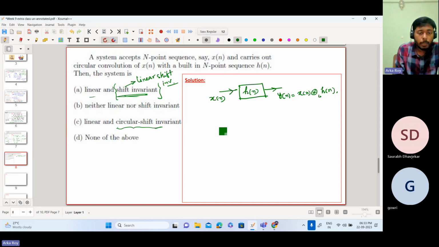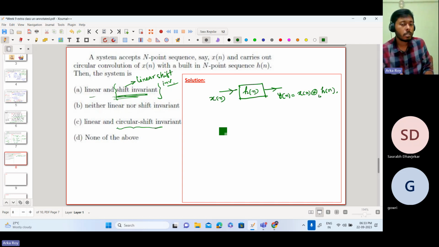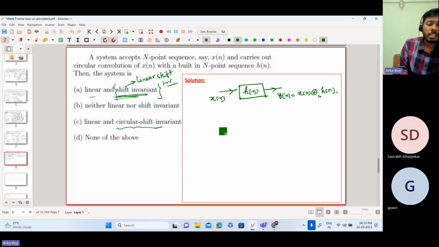So if simple shift invariance is written, you need to consider that this is not circular shift invariance; this is just linear shift invariance they are asking about. So we need to see whether the system is linear or not, and whether the system is linearly shift invariant or not, or circularly shift invariant or not. We need to check the possibilities.